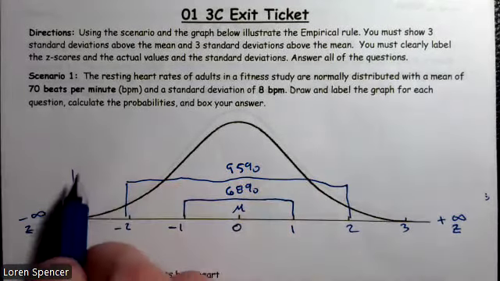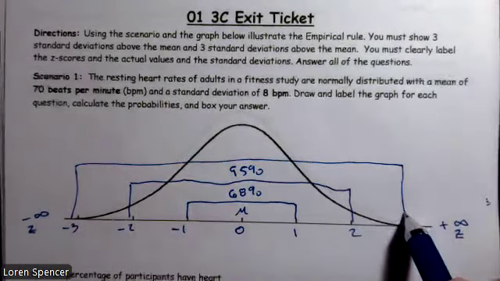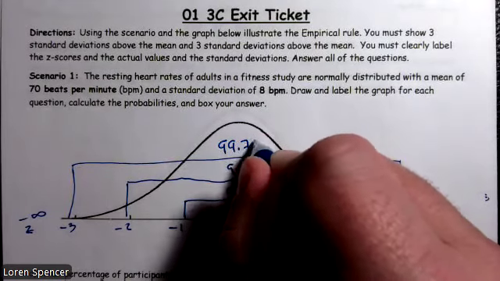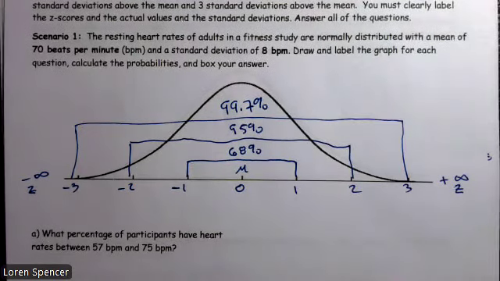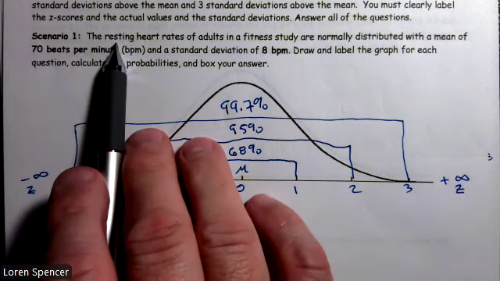And then plus or minus 3 is at 99.7%. Now, the empirical rule does apply to all normal distributions. All right, so if it's normal, plus or minus 1 will always be 68, plus or minus 2, 95, plus or minus 3, 99.7, regardless of what the mean and standard deviation is.